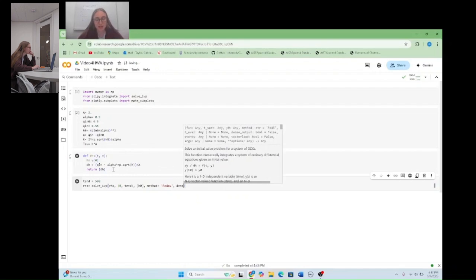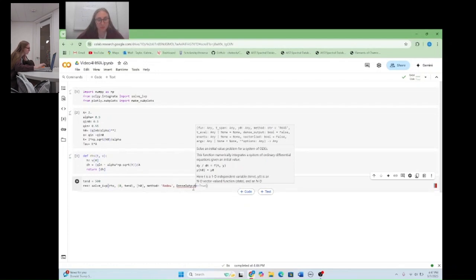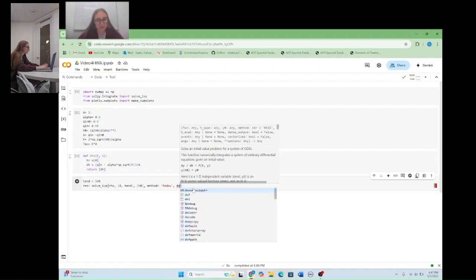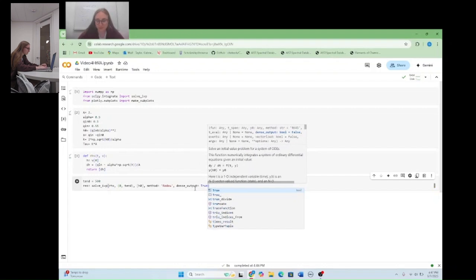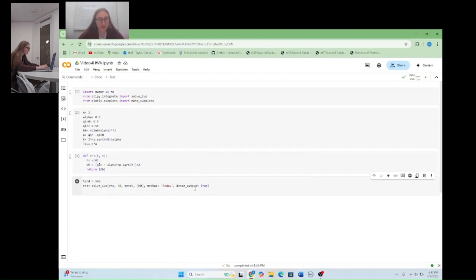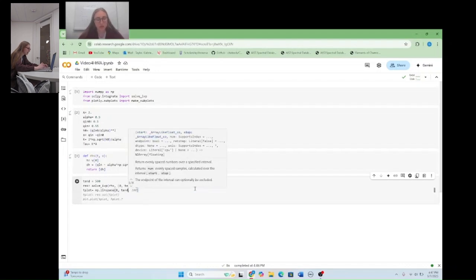Then our dense output is going to equal true. And then let's solve for our t_plot. t_plot is going to be np.linspace, 0 to t end and 100.